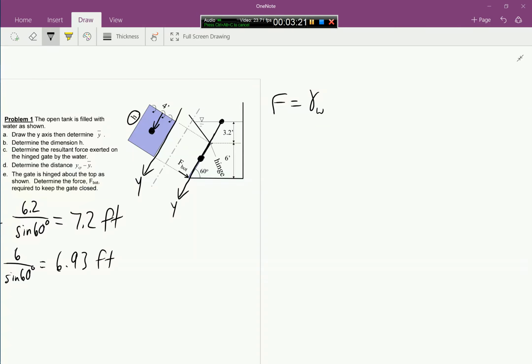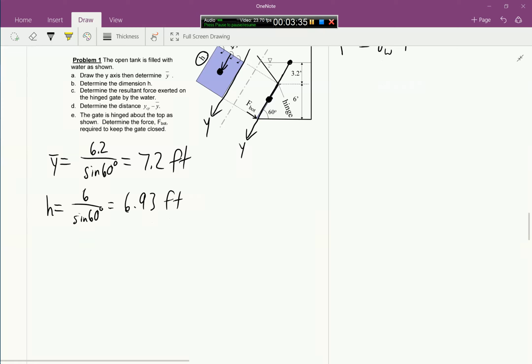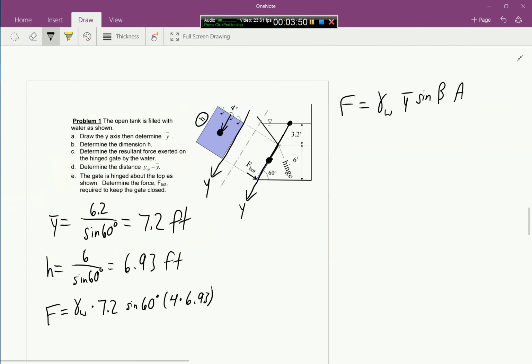The force on an inclined plane is equal to gamma water times y bar times the sine of the angle times the area of whatever we're talking about here. So if we just plug all that in down here, we have F equals gamma water times y bar, which is 7.2 feet, times the sine of 60 degrees, times the area, which is 4 times 6.93, which is the area of this gate right here.